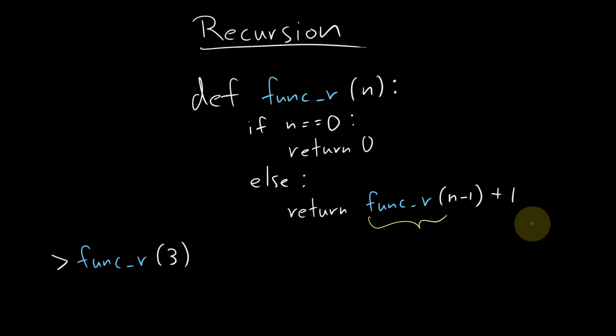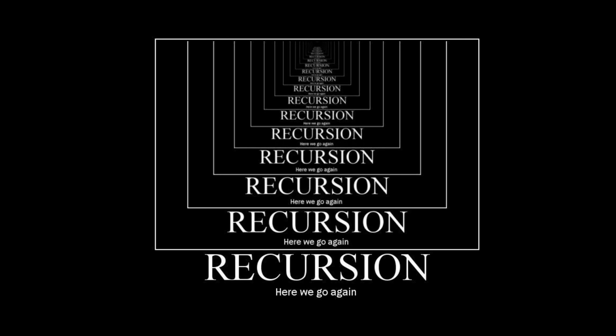It's a little bit messy, or a little bit counterintuitive, but if you think about the movie Inception, it's almost the same thing. It's kind of like a dream within a dream. So here it's a function within a function. So you keep calling function, you go deeper and deeper into the call stack. But in Inception, you go deeper and deeper into the dream. I have a pretty good picture. This is a recursion meme.